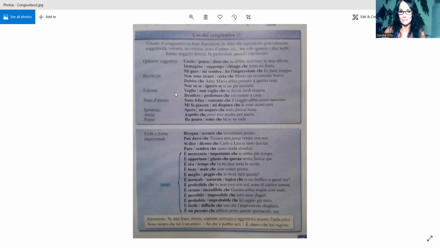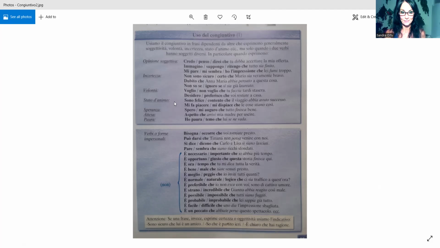Remember, there is another verb after these expressions. And then, where are we? Sorry, this was volontà, will, some will or wish. Desidero, I wish, I desire, or preferisco che, I prefer that something or someone does or something happens. Stato d'animo, which should be feelings, really, the way you're feeling.